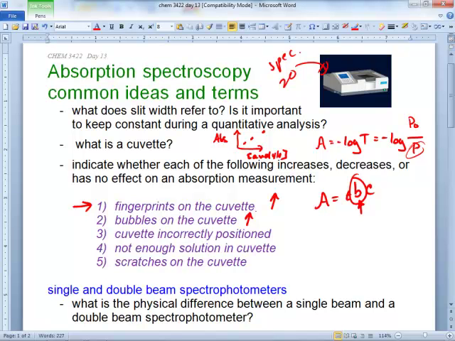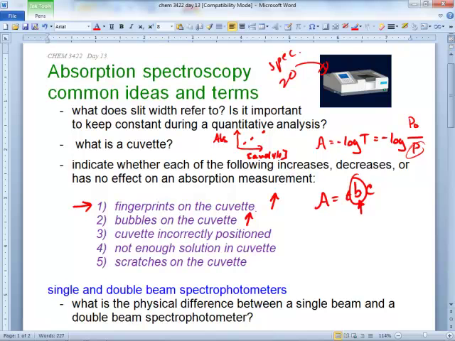Okay. How about not enough solution in the cuvette? Ashley, how about that one? Not enough solution in the cuvette. Because if you didn't fill up the cuvette all the way to the top, but it's still shining through, that's not a problem.